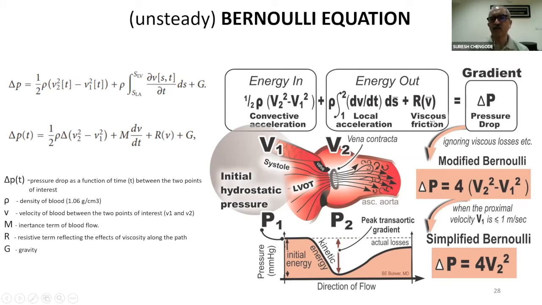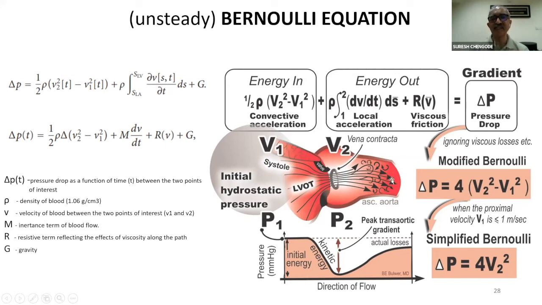Now, the contribution from the viscous friction happens, especially in blood, only if the hematocrit of the blood is more than 75, and if it is passing through an orifice area which is less than 2.5 centimeters squared. Both of these values are incompatible with life, and you will not see this in our clinical practice, so that can be excluded. Now, coming to the inertance and the local acceleration, this happens only when the velocity at all the points that you're measuring is less than 50 centimeters per second.